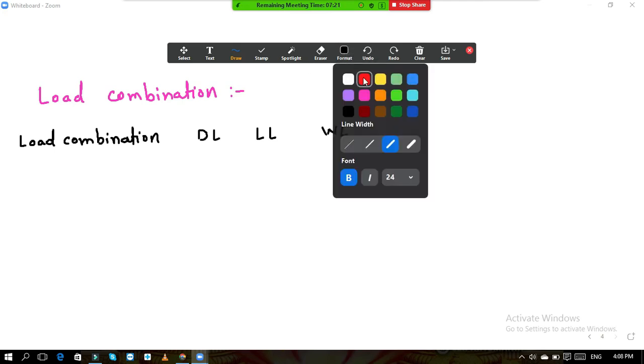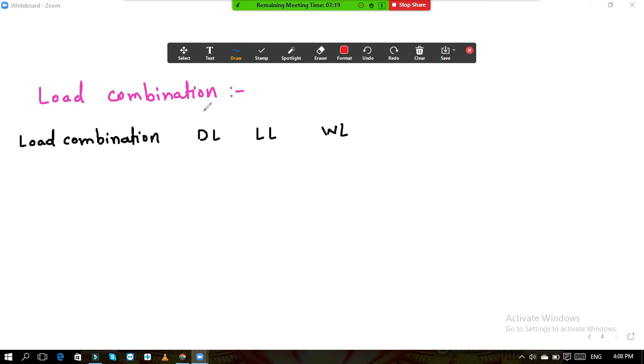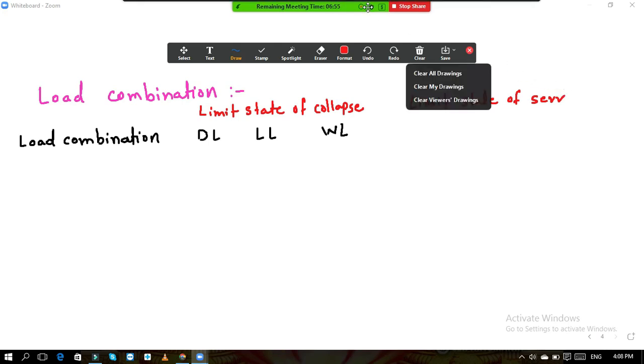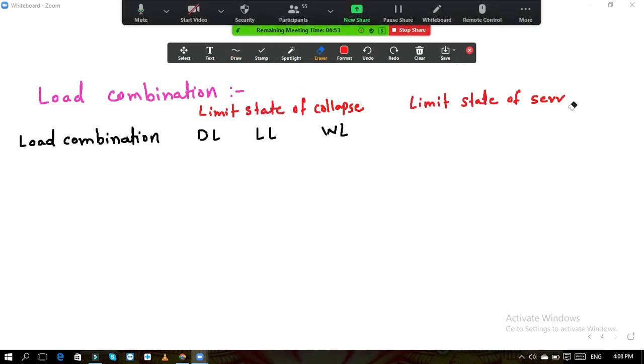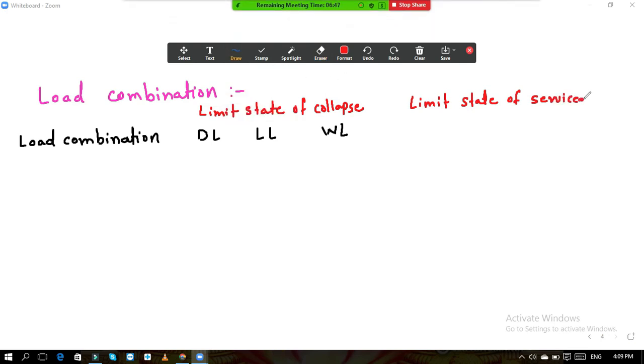The first is for the limit state of collapse, and next for the limit state of serviceability.